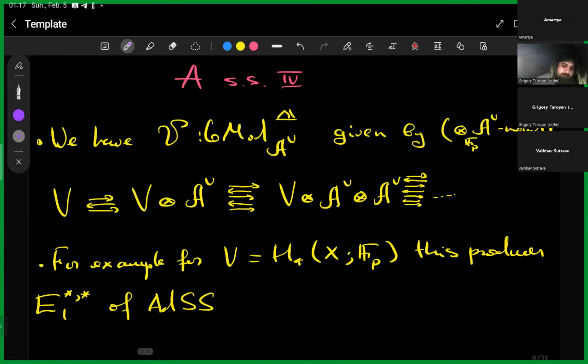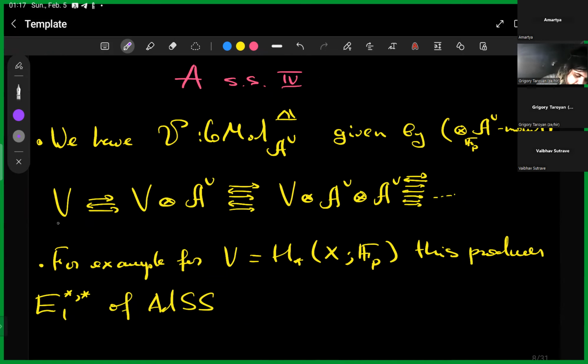And so, in general, the first page of the Adams spectral sequence can be recovered from the following construction. Assume that we have a comodule over the dual Steenrod algebra.